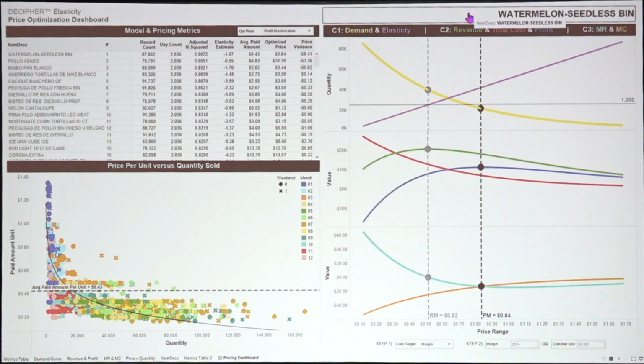I'm sure you remember Econ 101, right? Elasticity of demand, marginal revenue equals marginal cost is where my profit's maximized. That's what we're doing here. It's simple law of demand here. 0.84 is the optimized price. I actually just did this for one of our Powersports clients as well, telling them what the optimized price is for their certain segment based on their cost. Okay.